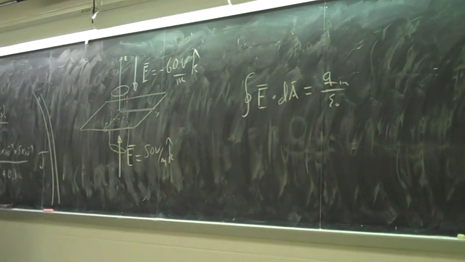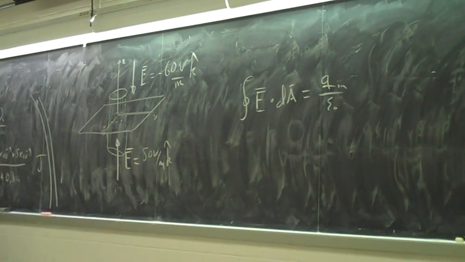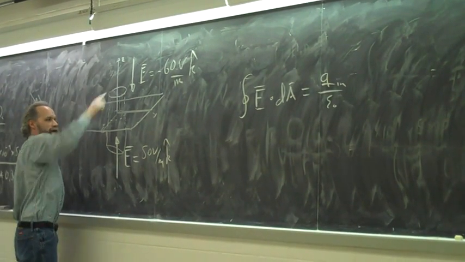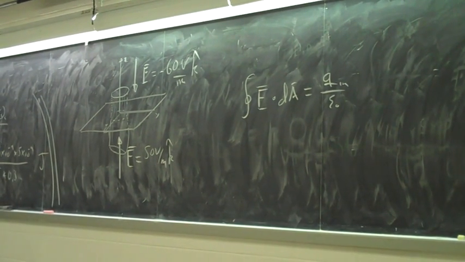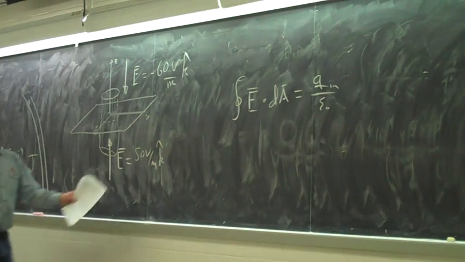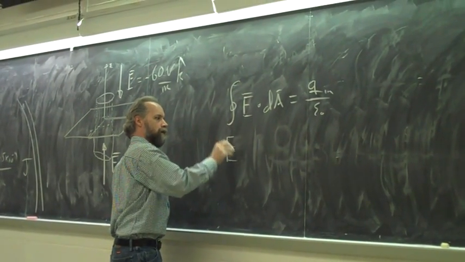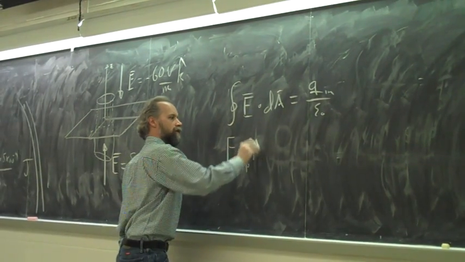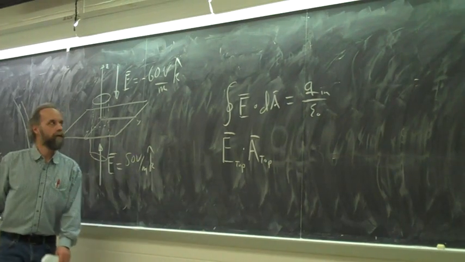The only thing that matters is the upper and the lower surface, because that's where E is pointing straight in. So I can write this as E on the top dotted with the area of the top. Both of those are vectors.